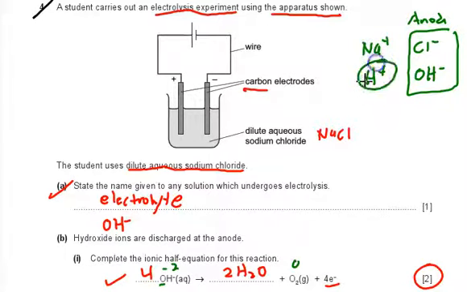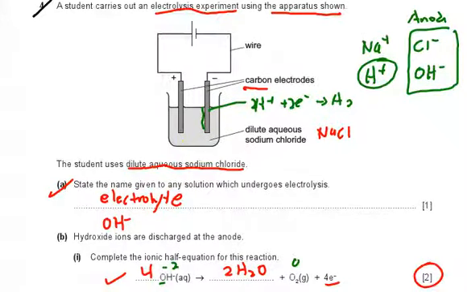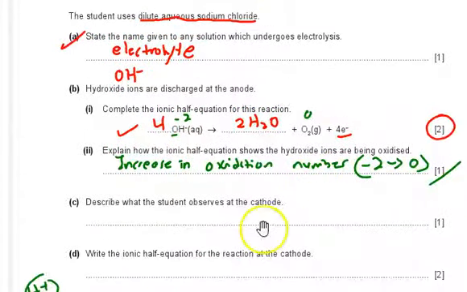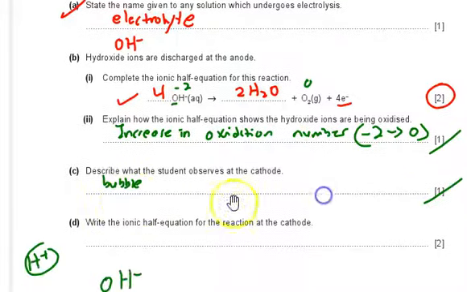So obviously this one will be discharged. So what happens here? It will absorb electron and it will get hydrogen gas. So you can say there's a bubbles coming out, or fizzing. There is many other words. 1 mark here, bubble form.